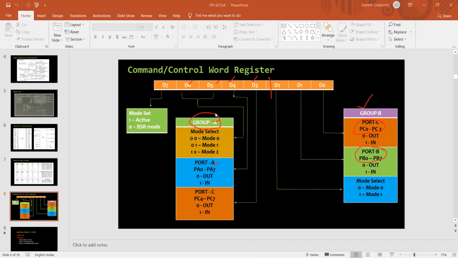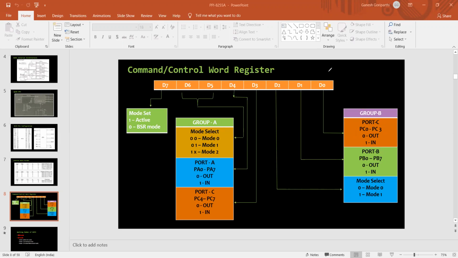So that control will be done by D3, D4, D5 and D6. And the D7 bit decides the type of operation, the mode of operation of 8255. So let us understand these bits clearly now.